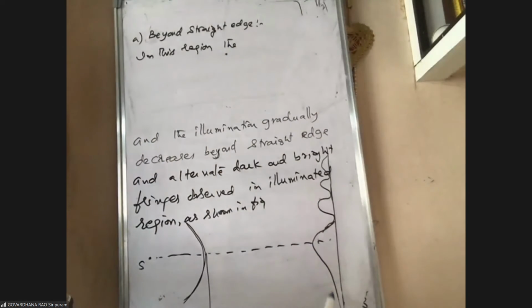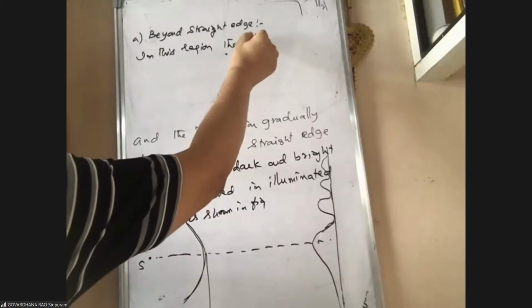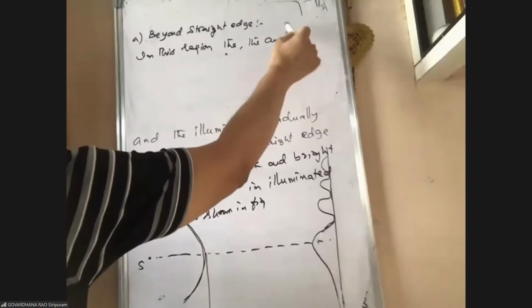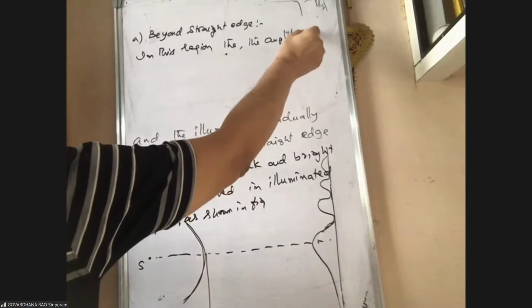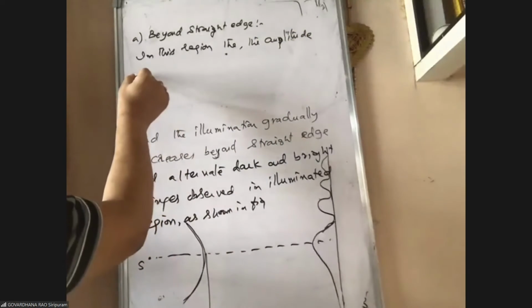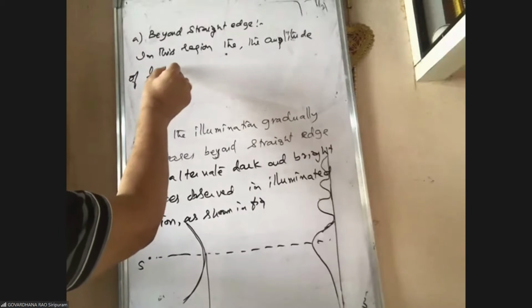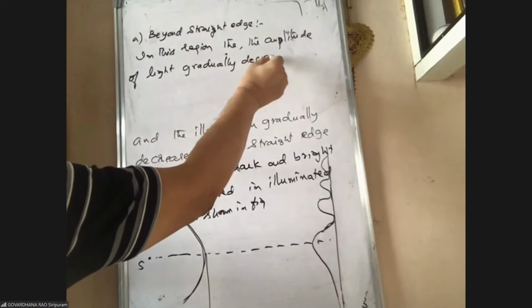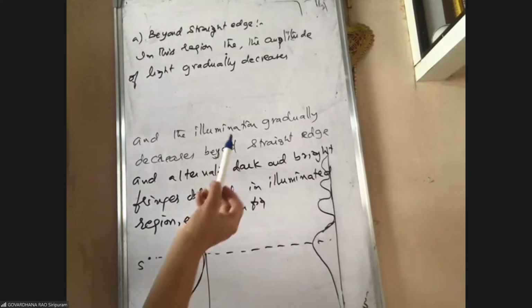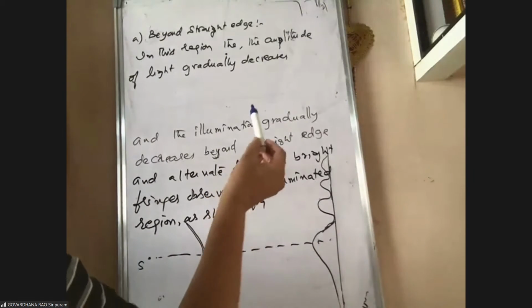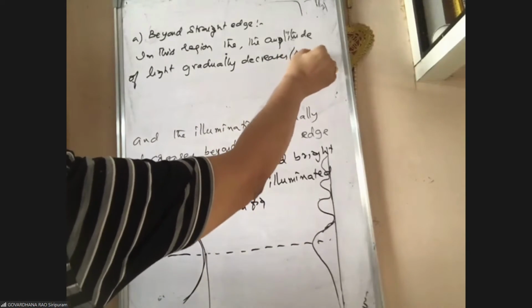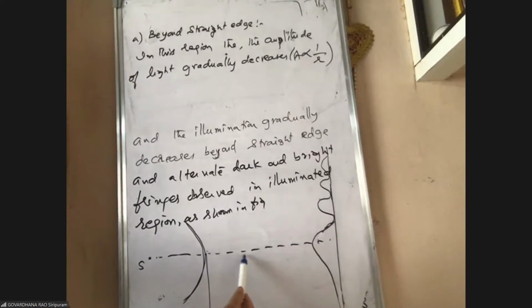So beyond straight edge means this area. In this region, the amplitude of light gradually decreases, because amplitude is inversely proportional to R. As you are going like this, distance gradually increases.